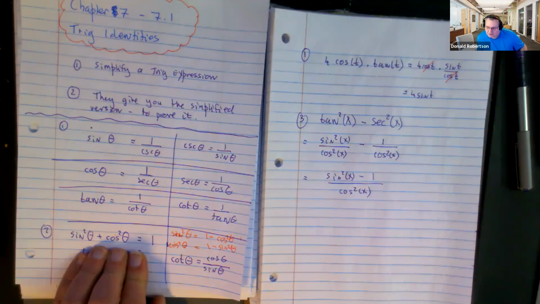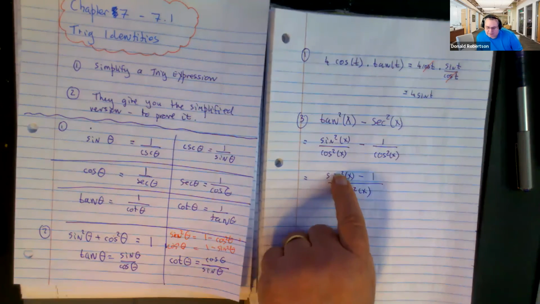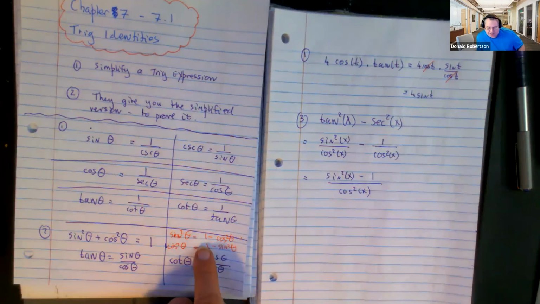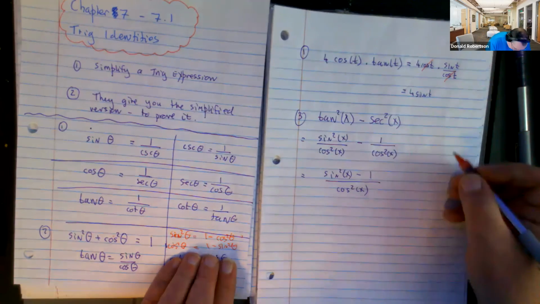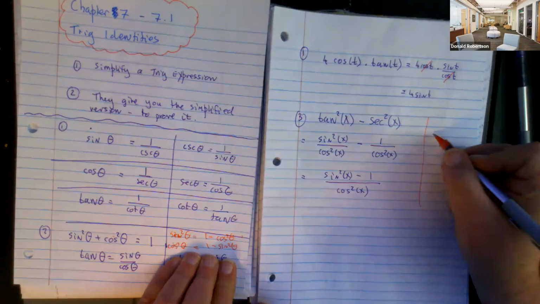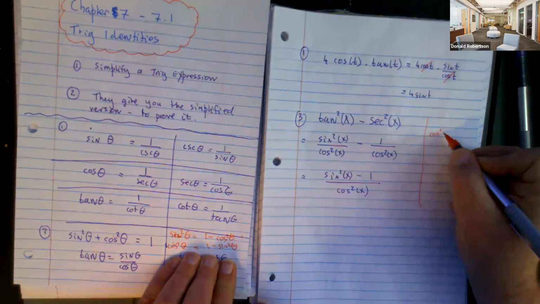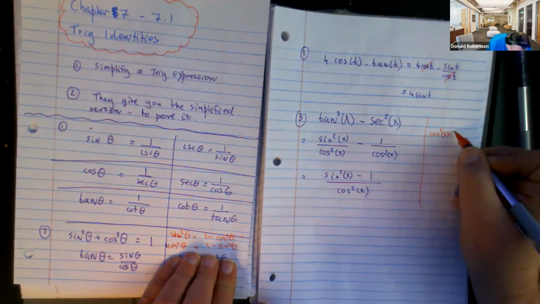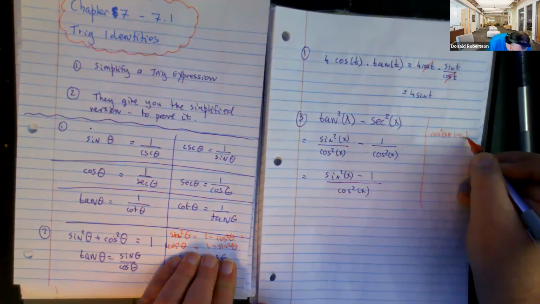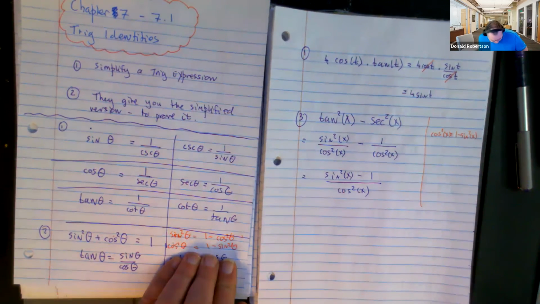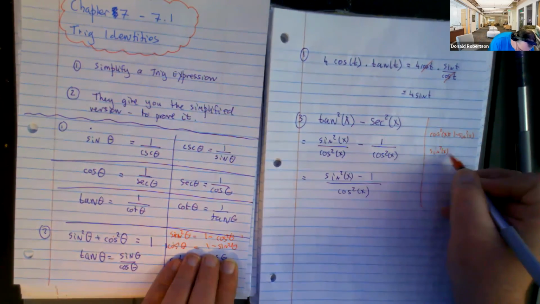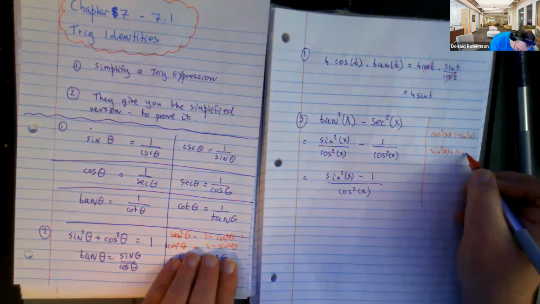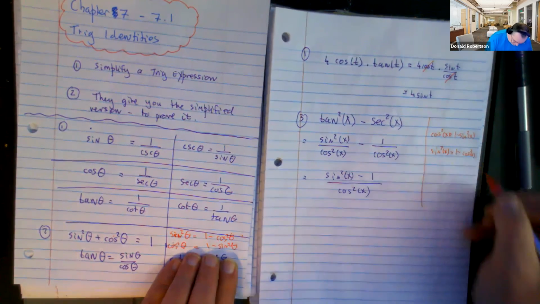Great. Now, that guy there looks very like this guy here. Not quite, but it looks very like it. So I'll put it in a little bubble over here. Cos squared x is equal to 1 take away sine squared x, right? And sine squared x is 1 take away cos squared x, right?